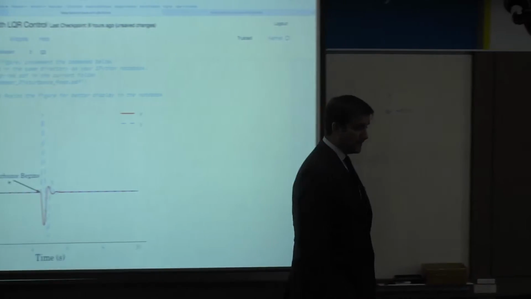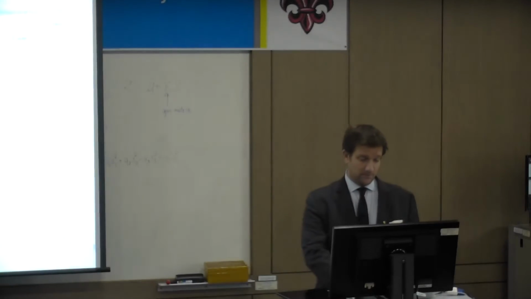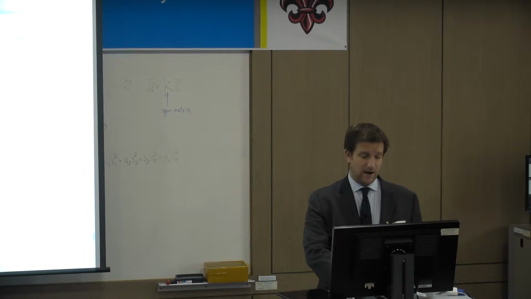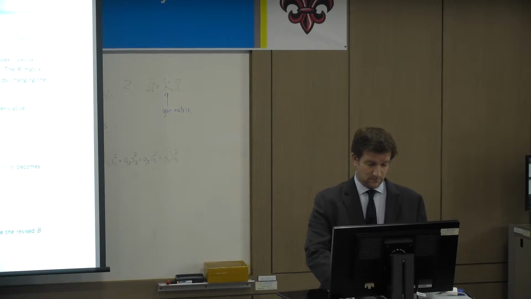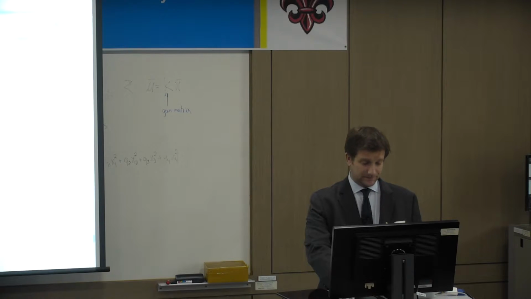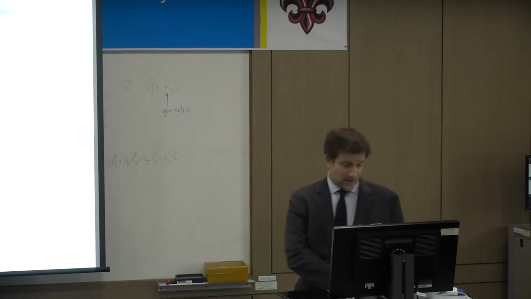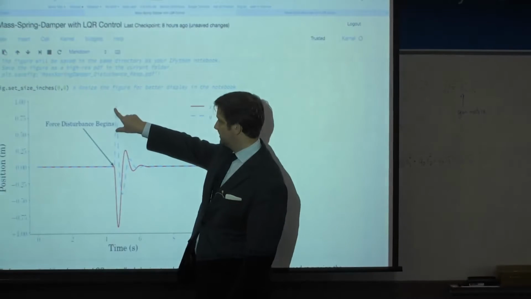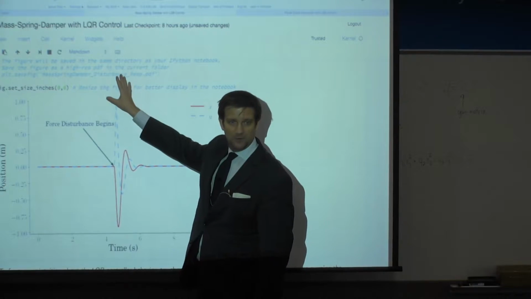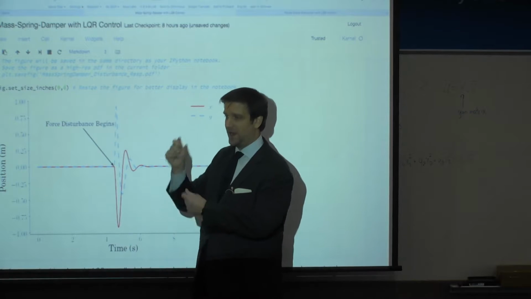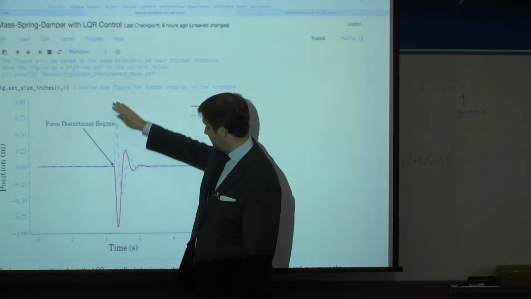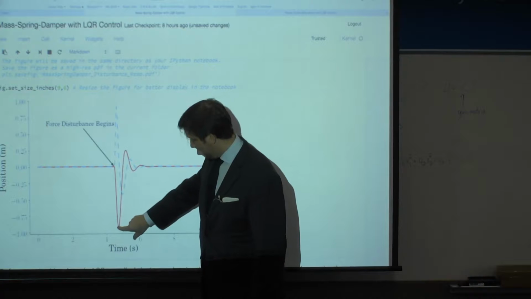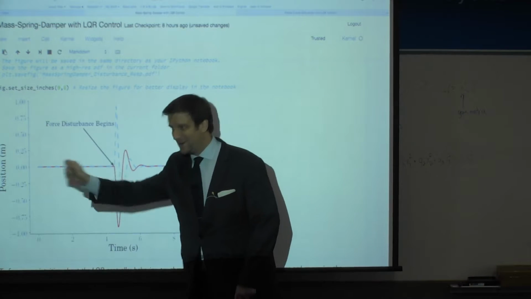In this case, because of how I define this system, Y actually shows up in that Q matrix. Put some value on it, and now we start limiting how far Y is able to move. So now we're not going to 3 meters anymore. We're saying, hey, I care about how far I have to move Y. So it gets smaller. And as a result, X moves farther because I can't move Y as much to stop it.